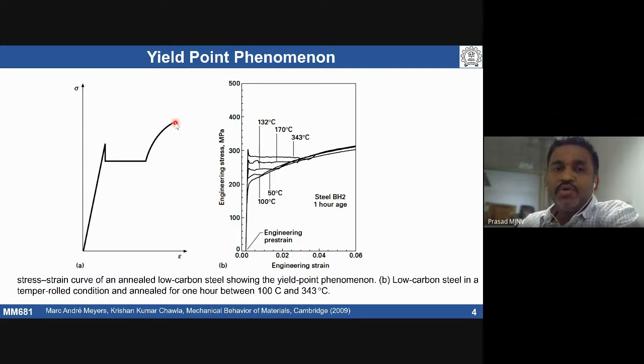In order to avoid this problem of yield point phenomenon, or minimize it, people adopt two different routes. One of them is using temper rolling. Temper rolling is also called skin pass rolling, which basically involves deforming the fully annealed low carbon steel by cold rolling.